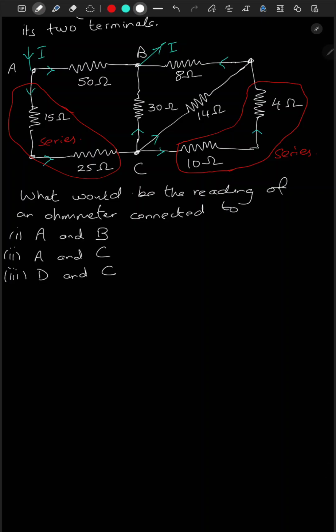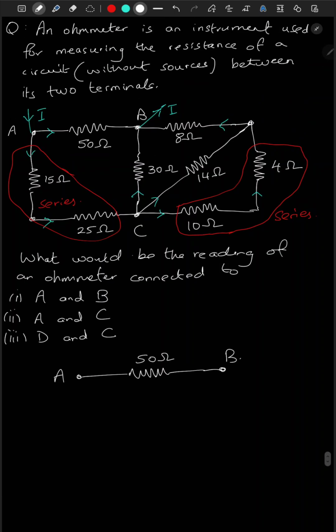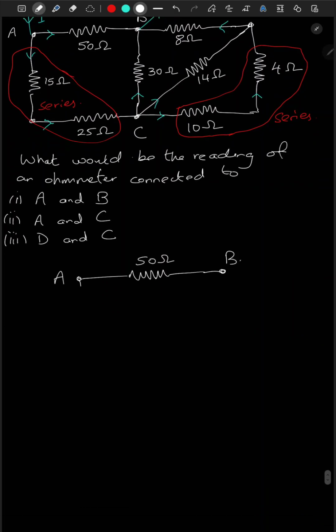Let's redraw the circuit. So let's label this A, and here's a 50 ohm resistance, and this is B. From A towards C, we have to add these two resistors. From A to C, we have 15 plus 25 ohm.